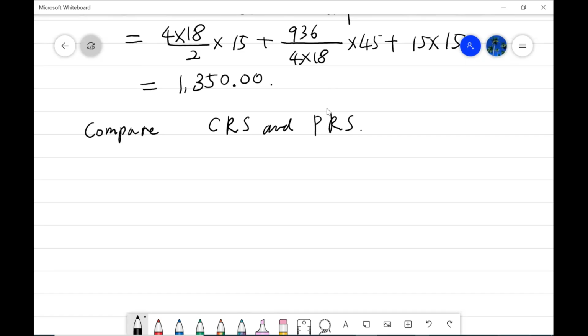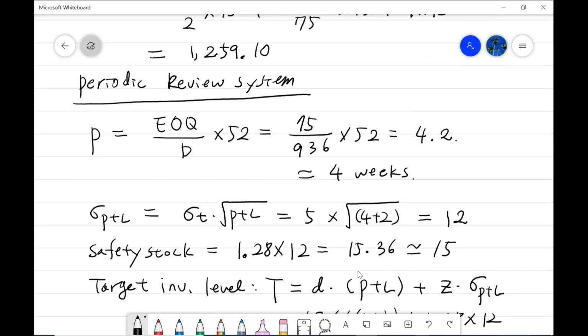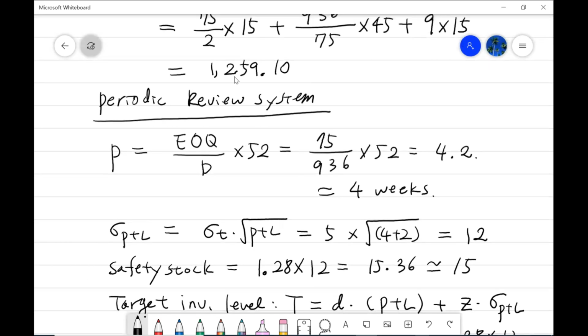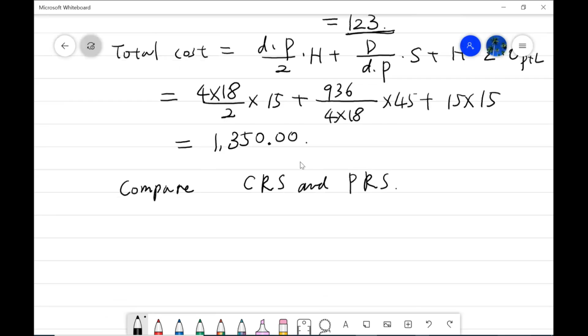Which one is cheaper? According to our calculation, under the continuous review system the total cost in a year is $1,259. On the other hand, what about the periodic review system? It's 1,350. So definitely the continuous review system is cheaper.